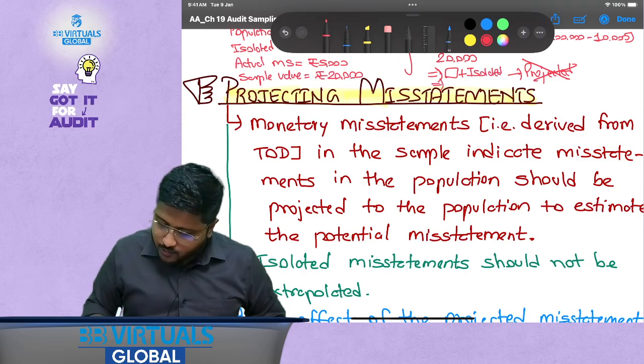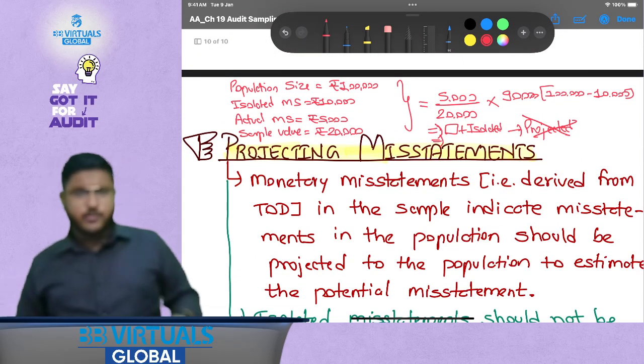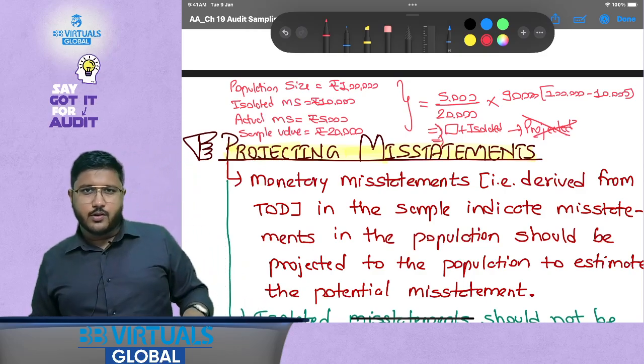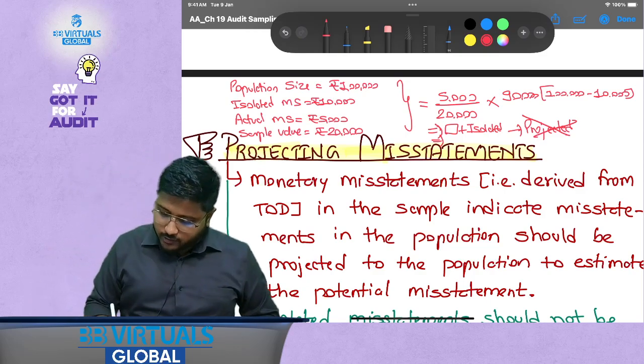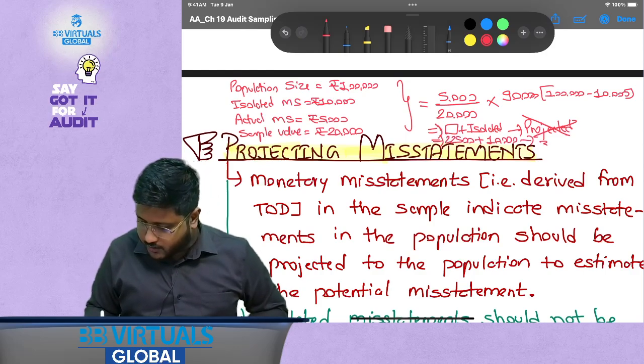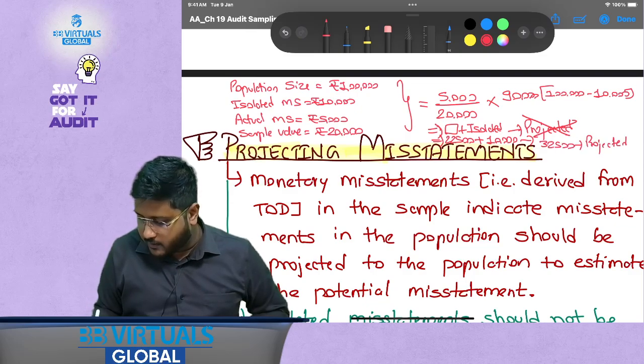So what is this amount? 5,000 divided by 20,000, that is 0.25. 90,000 multiplied by 0.25, how much would it be? 22,500. So 22,500 plus 10,000 isolated, that is 32,500, would be called your projected misstatements.